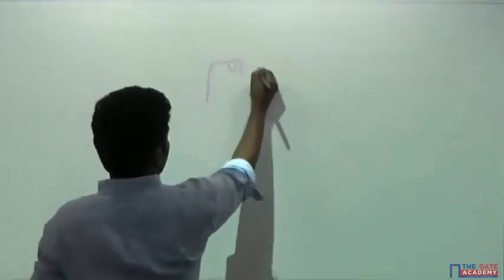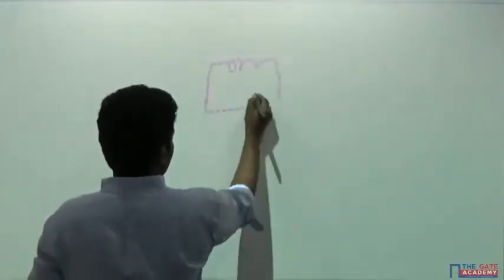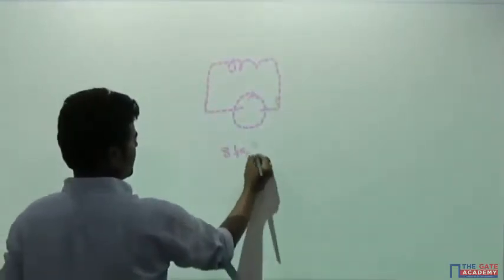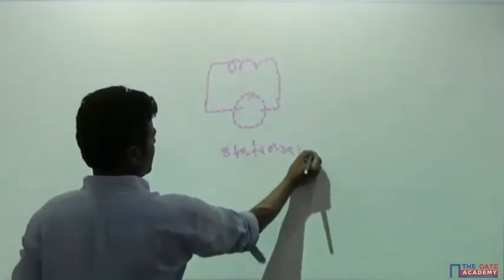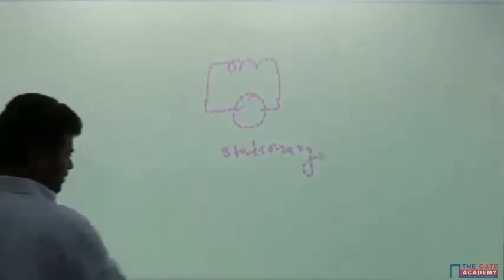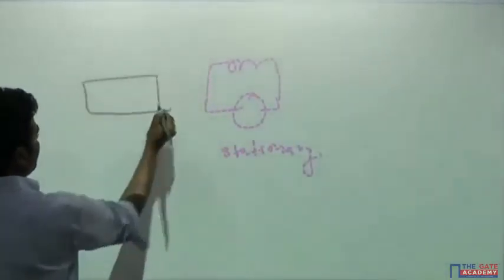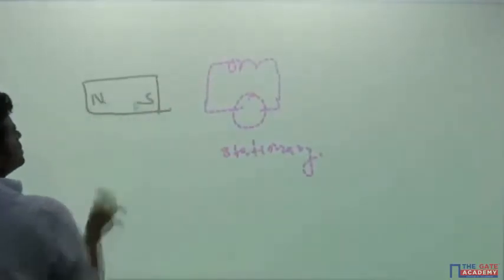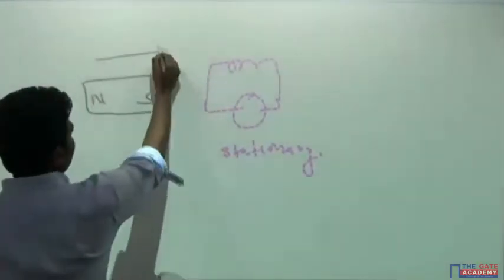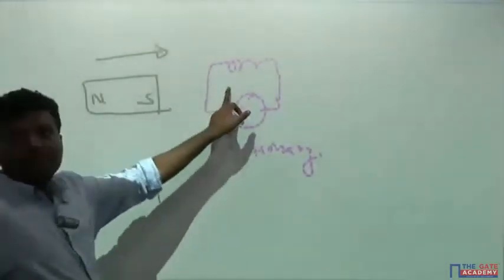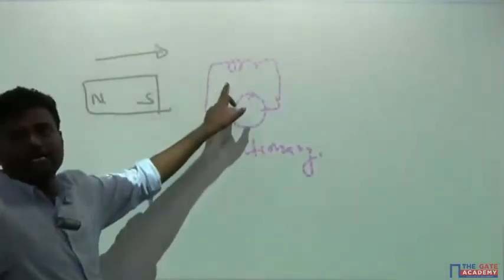I have my conductor placed here, and a galvanometer is connected here. This is stationary. Now I have the magnet, north and south. What happens? You start moving this magnet. If you move this magnet, the number of flux lines cut changes, because the distance between the magnet and the conductor is changing.